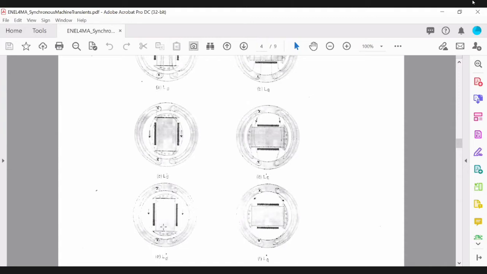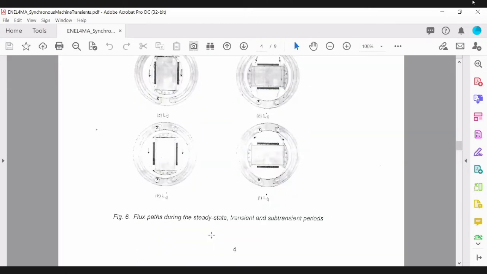Whereas during the subtransient period, because the current induced in the field circuit is opposing the flux from the stator, it then passes through the stator iron.